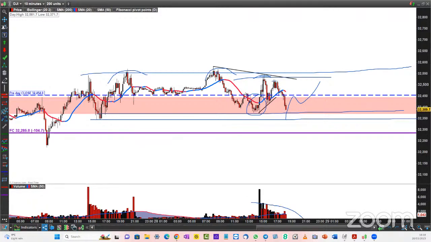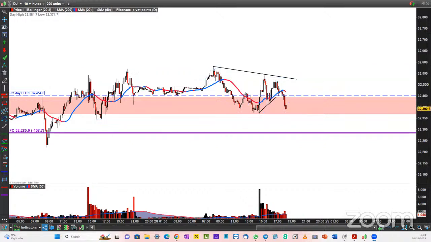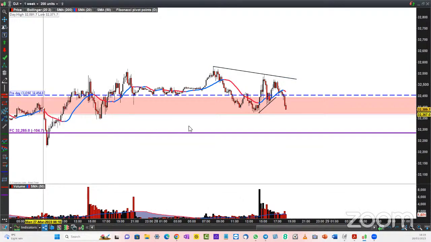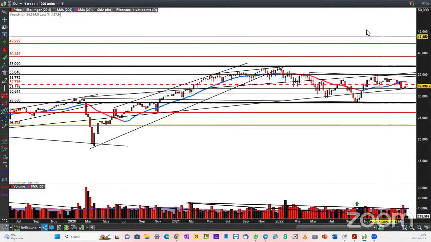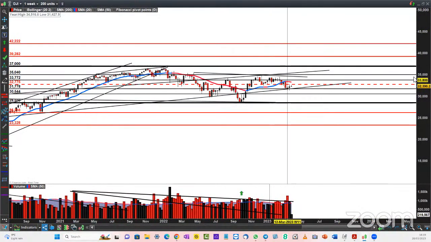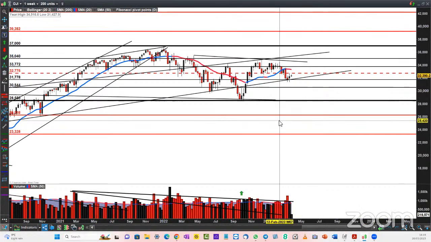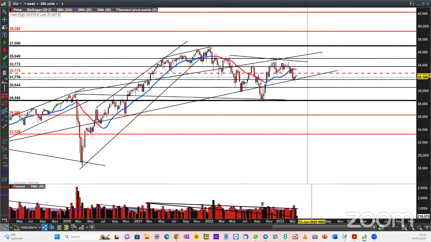So in actual fact, if you look at the daily on this one, you'll note that we are under the main moving averages. There's the weekly. Yeah, so we're actually under the 20-day average on here. So highs are definitely shortable. Any market that can't close above the 20-day average, this is a weekly on the Dow, is a market that is potentially to be shorted.